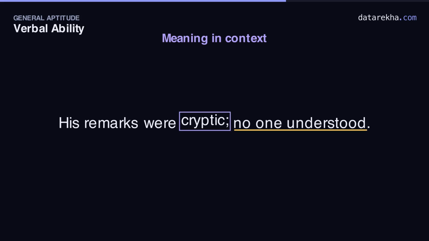His remarks were cryptic. No one understood. What does cryptic mean here? The clue is right there. No one understood. If nobody understood, cryptic must mean hard to understand. Loud, lengthy, friendly all miss it. The fitting synonym is obscure. Context, not the dictionary, made the choice.